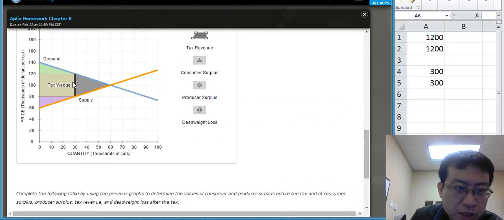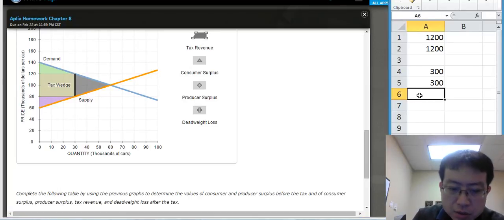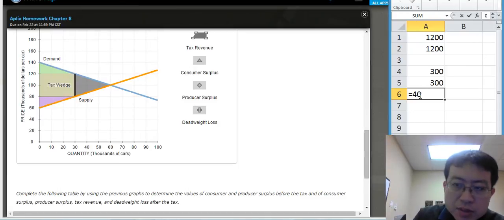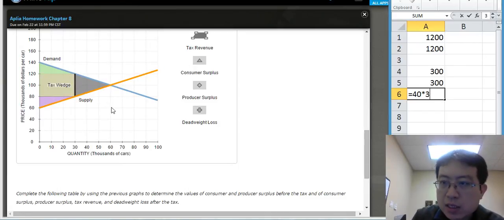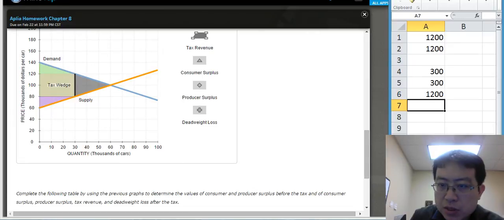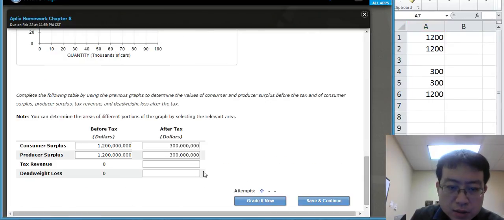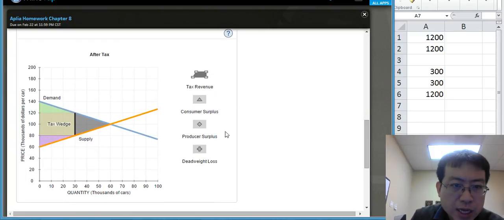Tax revenue is this area of the rectangle. The vertical distance is 40, times the horizontal distance of 30. So 1200, and 6 zeros.